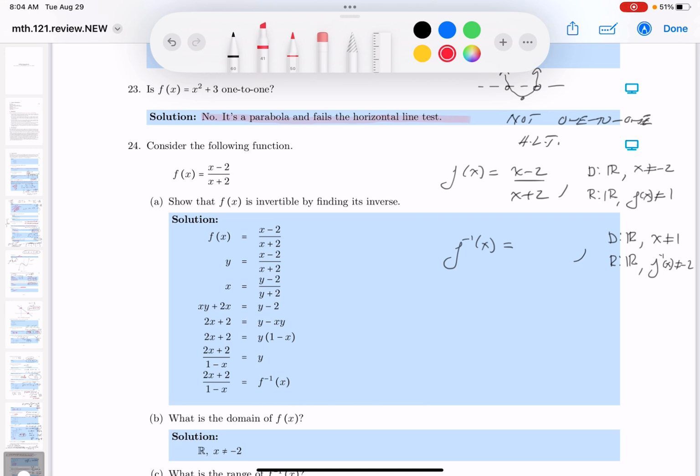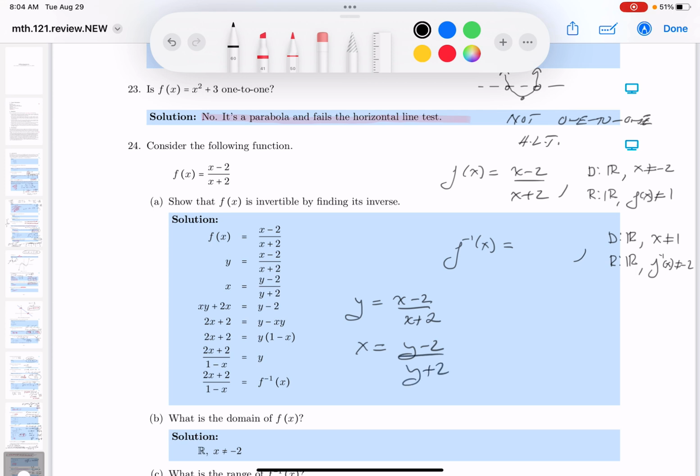Which I want to point out, you really do need to learn to type things up. But anyway, we're just doing chicken scratch, we're taking an exam. So change the f of x to y. These are the steps that your teacher told you in Math 119. Interchange x and y. And now solve for y.